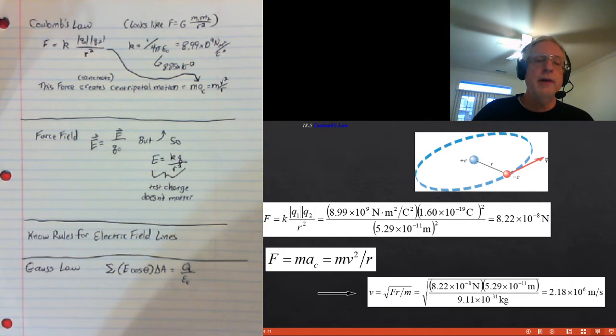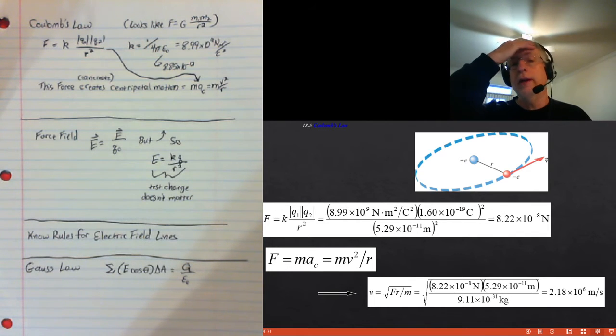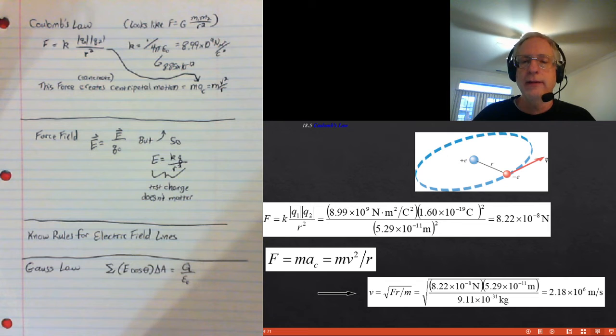Put that force into my other equation, and I solve for a velocity of 2.18 times 10 to the 6th meters per second. So that electron is going at a little bit under 1% of the speed of light. It's not going as fast as you might think, but 1% of the speed of light is still crazy fast.